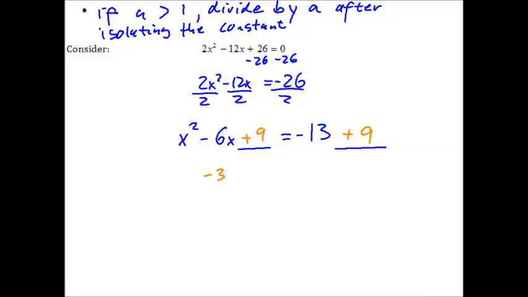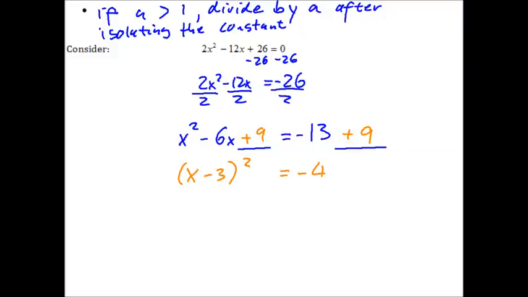This will complete our trinomial on the left, which we now can go ahead and factor since it's a perfect square trinomial, and turns into the quantity of x minus 3 squared. And we're also going to simplify our right side. Negative 13 plus 9 is equal to negative 4.